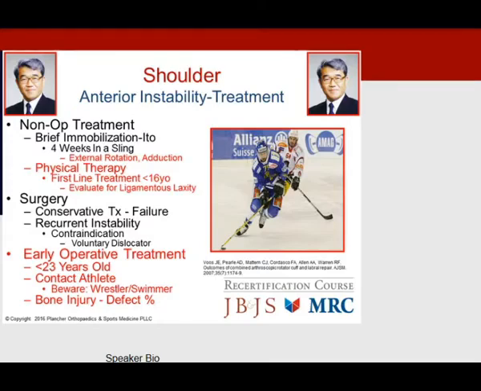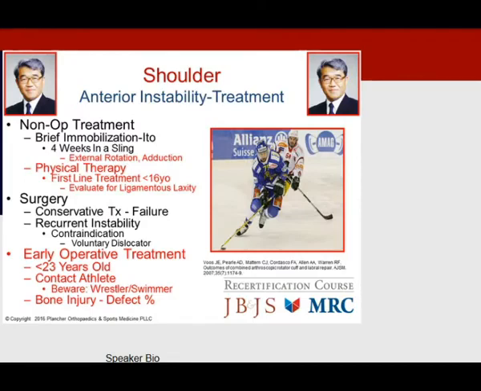For us, physical therapy is important as a first-line treatment, especially for young people, but think of them and evaluate their ligamentous laxity. When conservative treatment fails or recurrent instability does occur, then operative intervention is important. In early operative treatment for someone less than 23 years of age or in a contact athlete, beware of the wrestler or the swimmer because of recurrence.